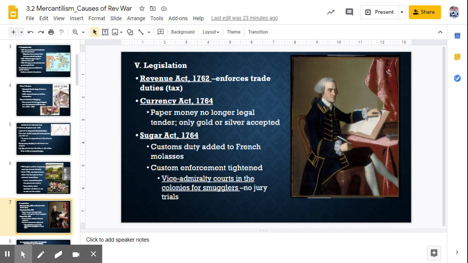The gentleman on my screen, you do not know him by his face probably, but you do know him by his signature. His name is John Hancock, and he was probably the wealthiest merchant in colonial England. One of the things that he was able to do is build a merchant empire that was both legal and illegal. So he brought in lots of goods legally.